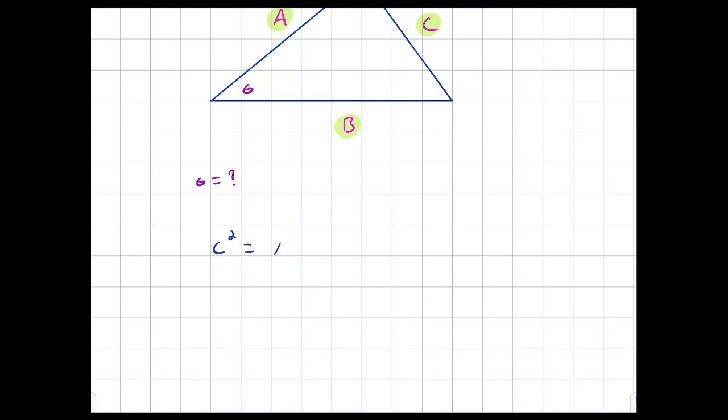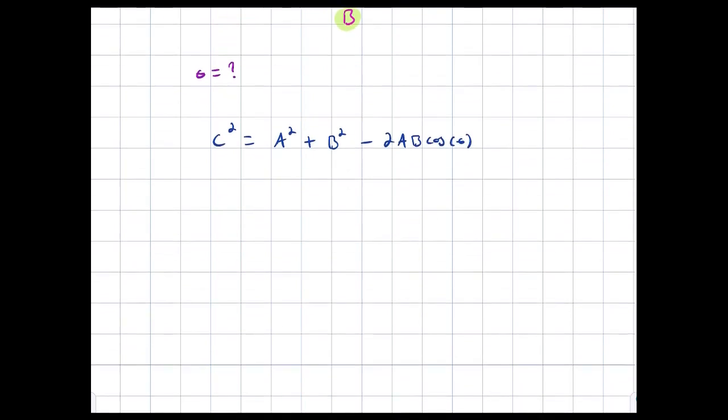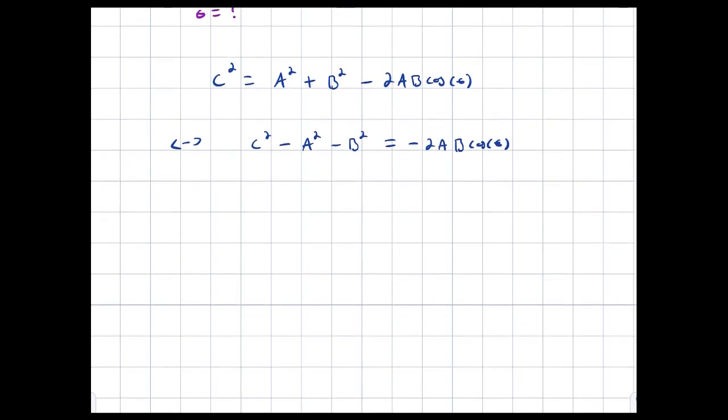C squared is equal to A squared plus B squared minus 2AB times cosine of theta. So I can say this is true if and only if C squared minus A squared minus B squared is equal to negative 2AB cosine of theta. It's probably less confusing if I multiply both sides by -1 first.